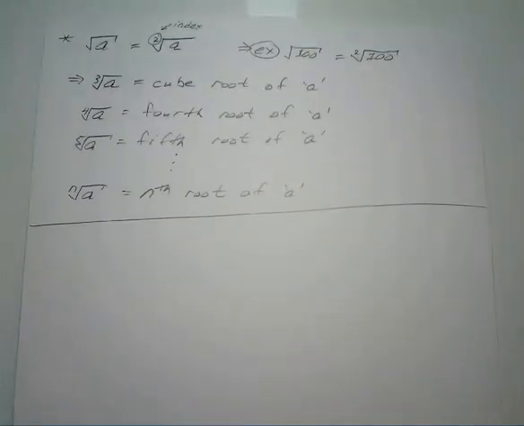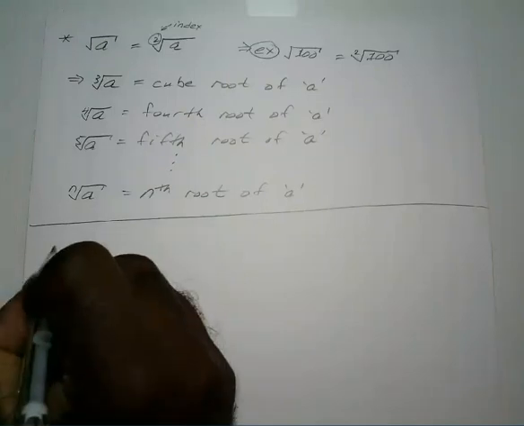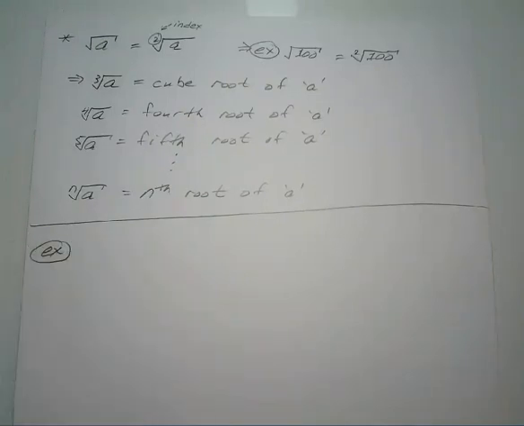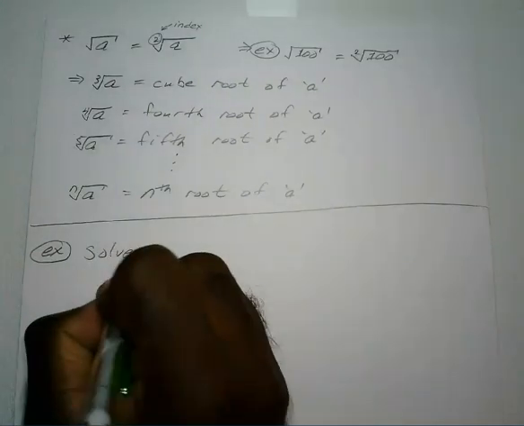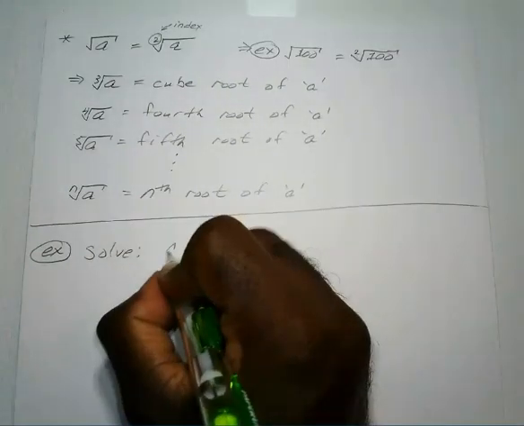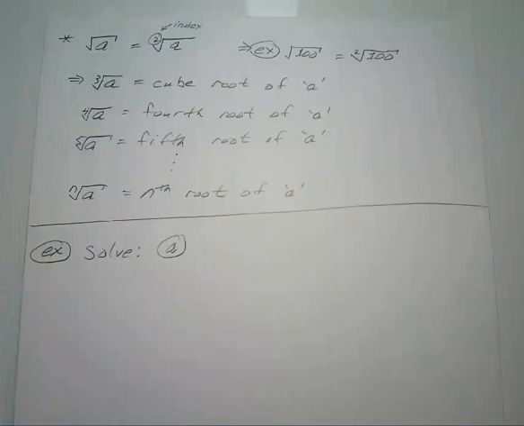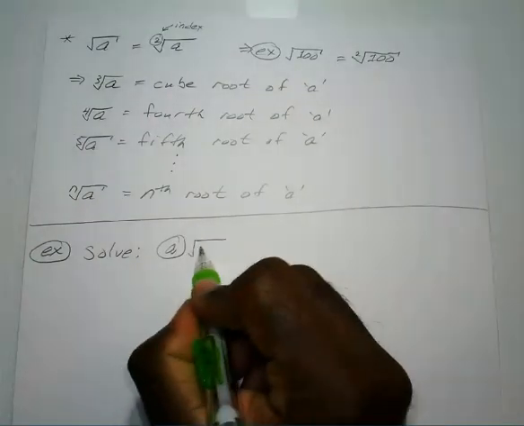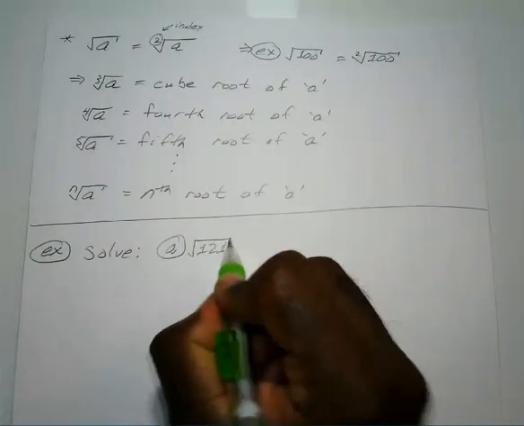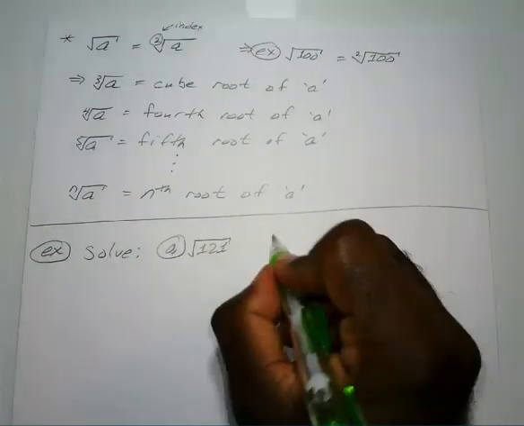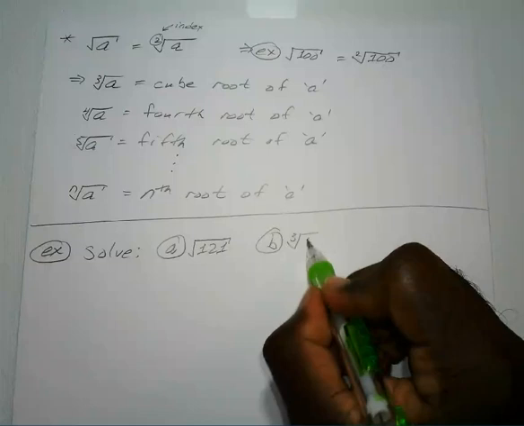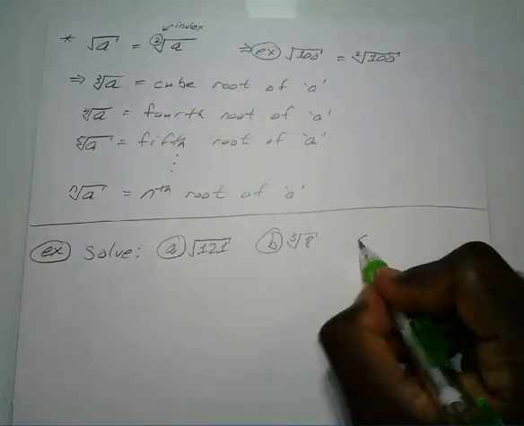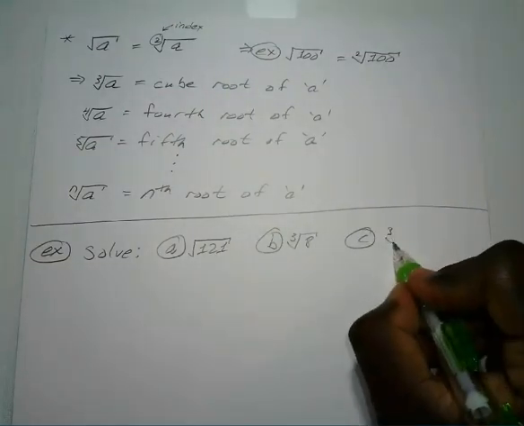All right, so let's say, for example, we wanted to solve, for problem A, square root of 121, for problem B, cube root of 8, and for problem C, the cube root of negative 8.